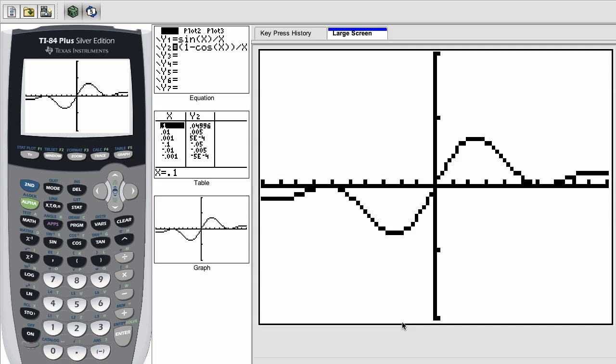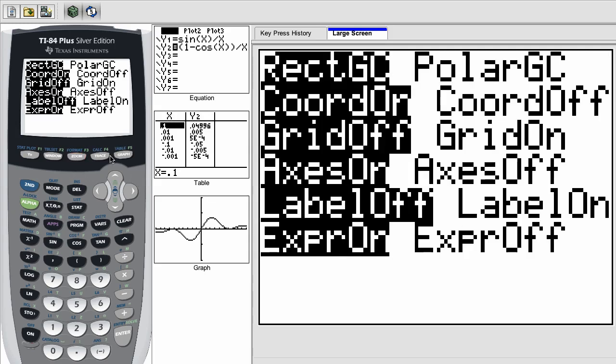So just like the previous sine x over x, we have a little hole right here in our graph that our y-axis kind of covers up. In fact, let's try this here just to see if it actually works. If I go to format here and I actually turn my axes off, that hole may show up.